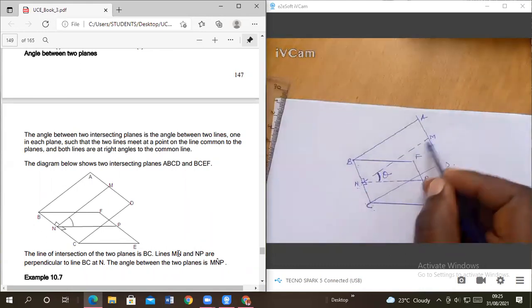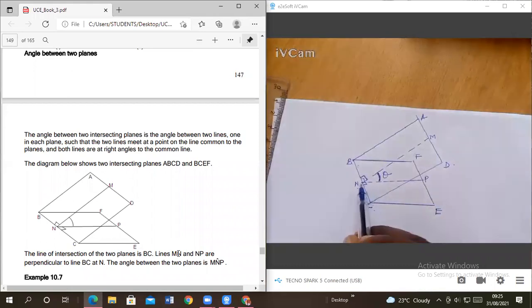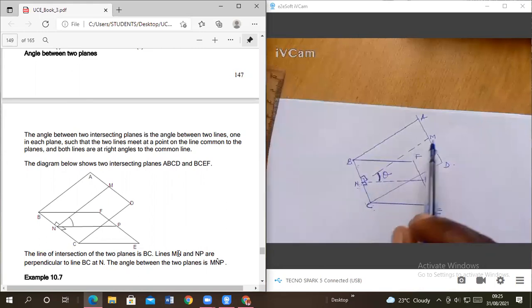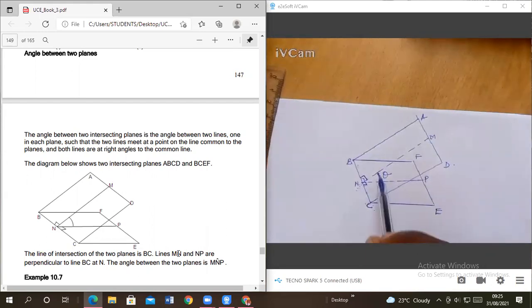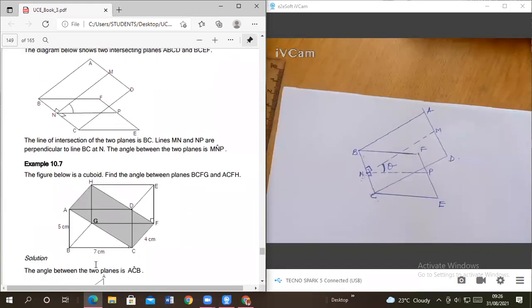So this line MN is perpendicular to BC, and also line NP is perpendicular to BC at that point N. So the angle between the two planes is the angle MNP, which is this angle here. Is it clear, members? Yes, teacher.